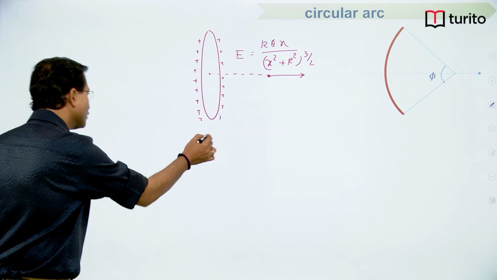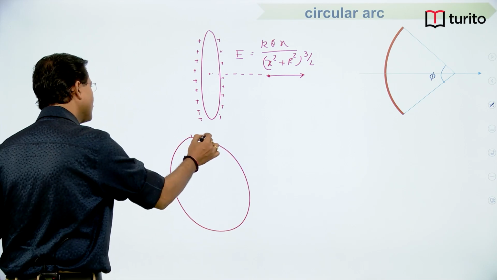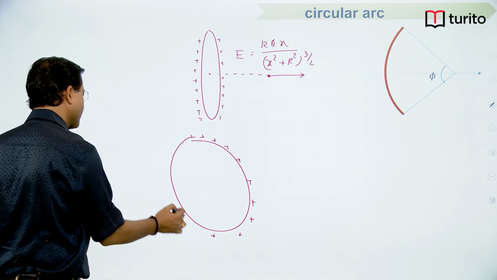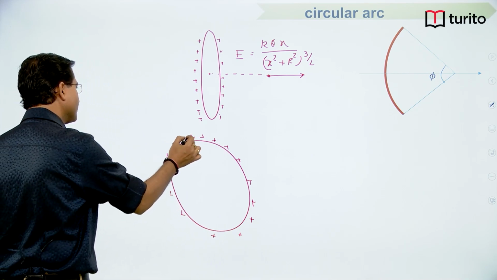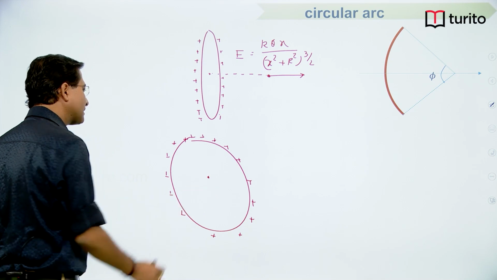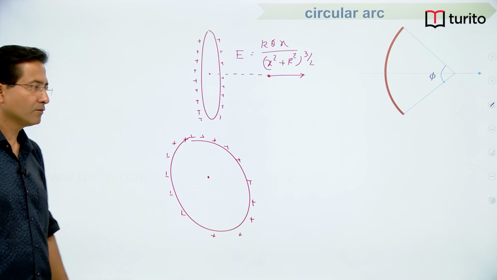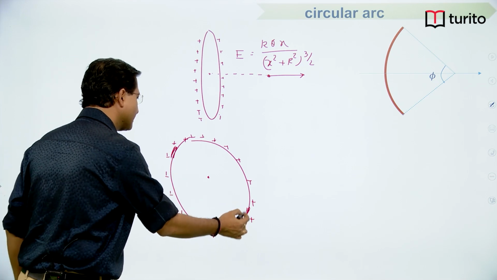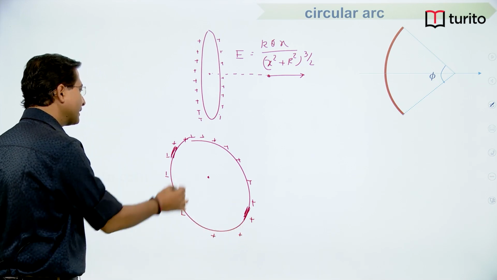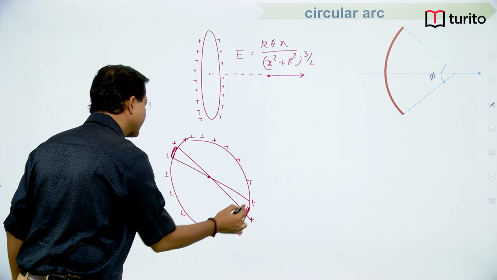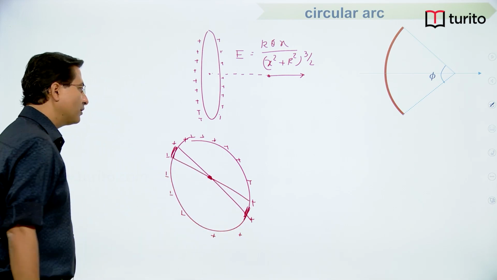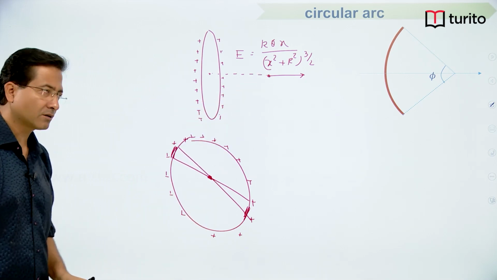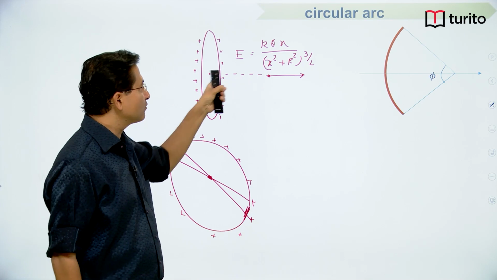So, for uniform distribution on a ring, the field at the center is 0. Any pair you take, the diametrically opposite element will cancel the field produced by them at this particular point. That is why we are getting the field at the center of the ring as 0, right. So, the same formula can be used to calculate the field at the center.